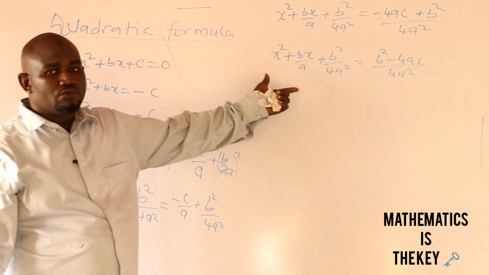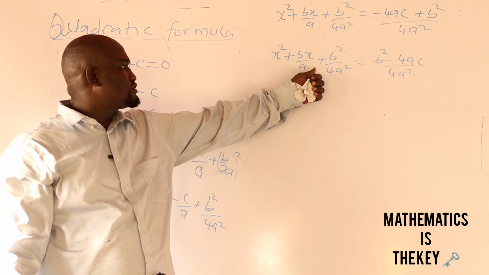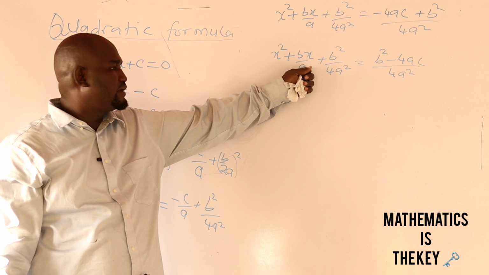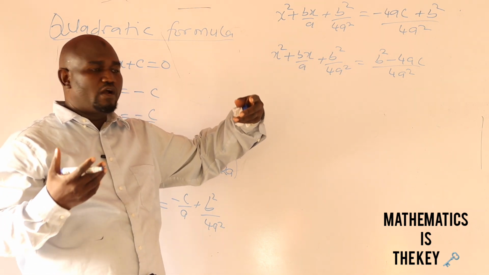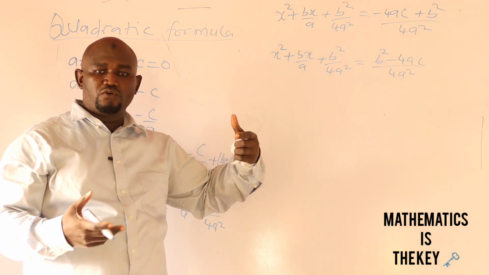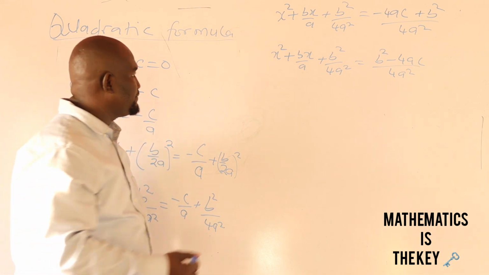Now, for the left hand side, we will bring out two factors whose product is b squared all over 4a squared and whose sum is b over a. These factors are b over 2a and another b over 2a. Now we will replace the b over a with them.